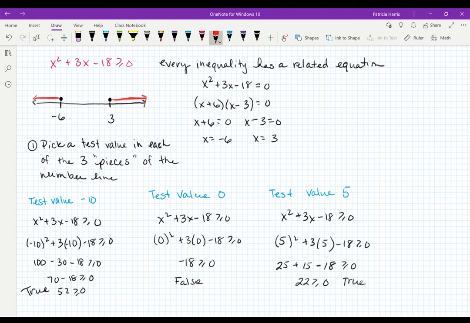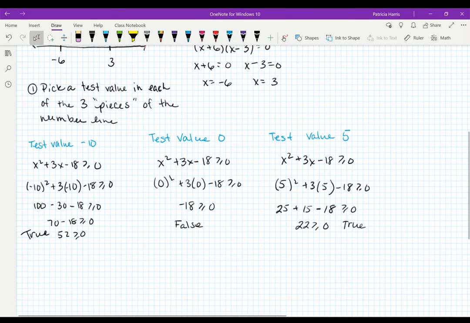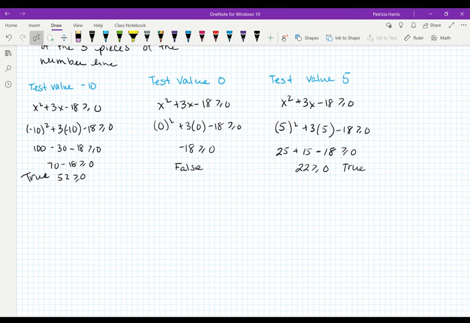Now we need to write it out. Let's go down a little bit. I'm going to redraw my number line. There are a couple different ways you can write your solution, depending on how you're asked.